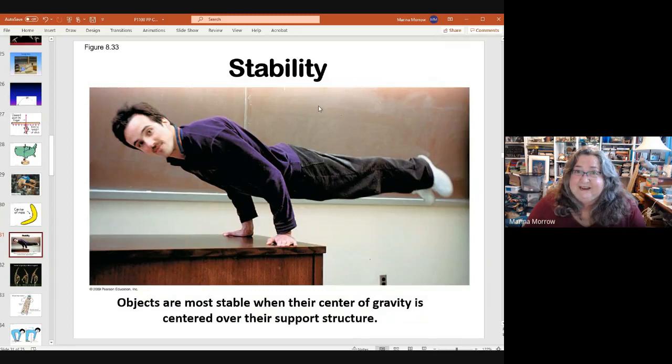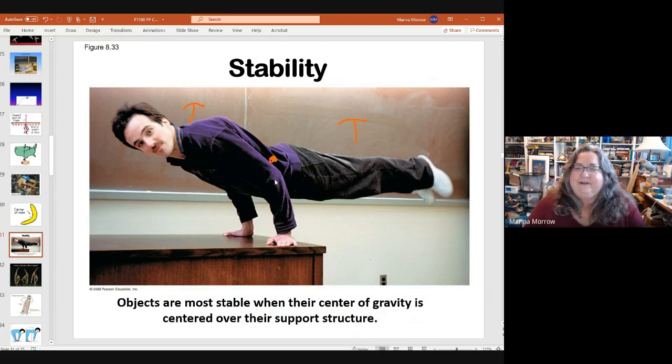Another thing in this section is about stability. Objects stay balanced when their center of mass is over their base. So here's this guy's center of mass, and what he's got here, his torques are balanced. That's why that's his center of mass. The torque on the left side and the torque on the right side are in balance.